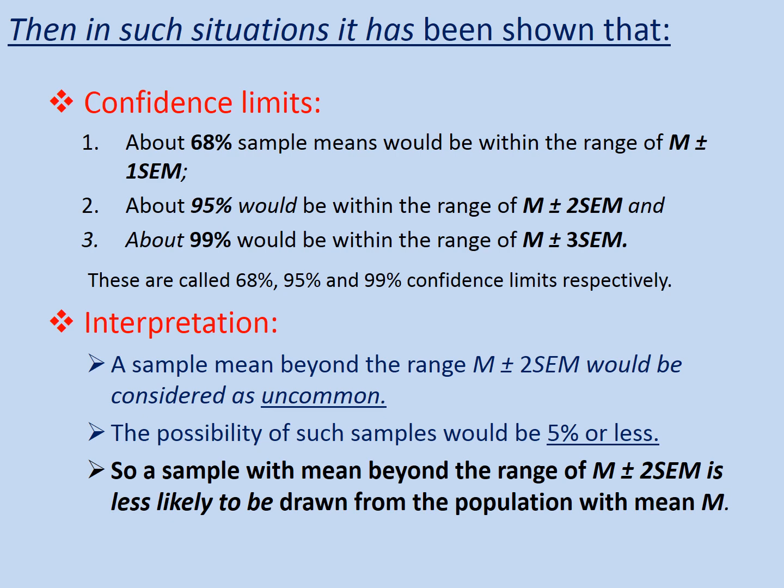Population mean means the average level of hemoglobin of all 5000 women. And how are we going to calculate the SEM? SEM is equal to the population standard deviation, if not available the sample standard deviation, divided by the square root of n.